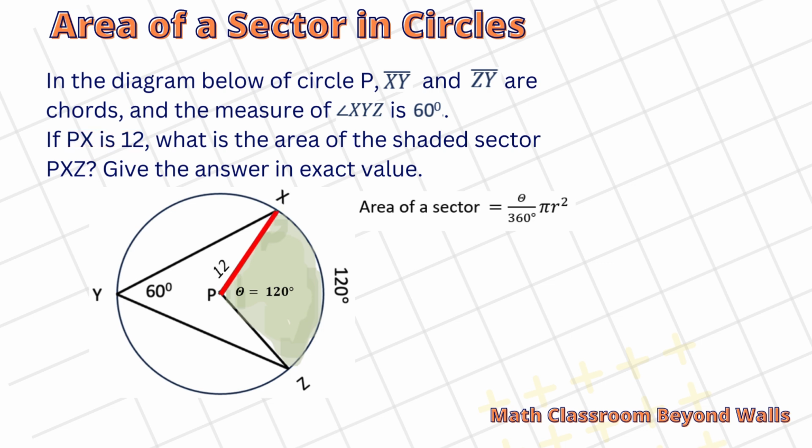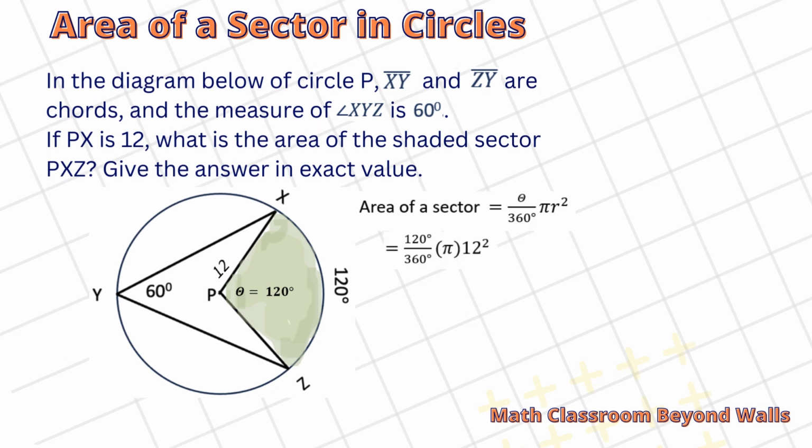We are now ready to use the formula. All we need to do is plug in the values of theta and r. Since we are to give the answer in exact form, we leave the pi as is and just simplify the numeric values first.